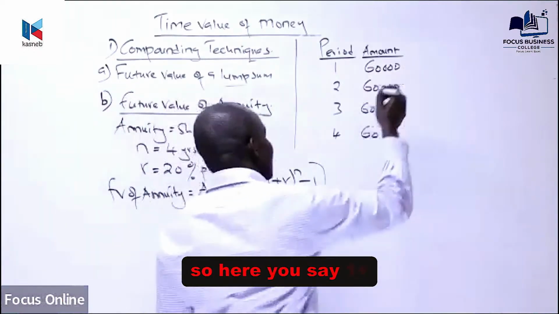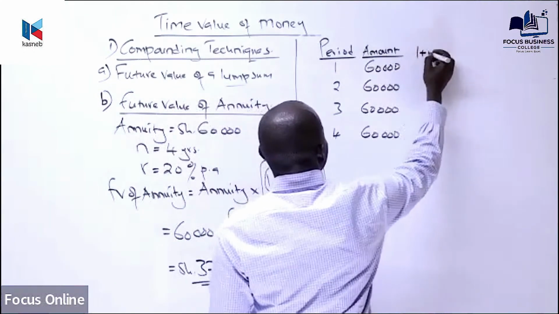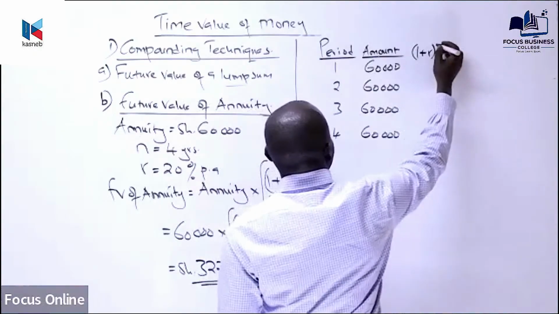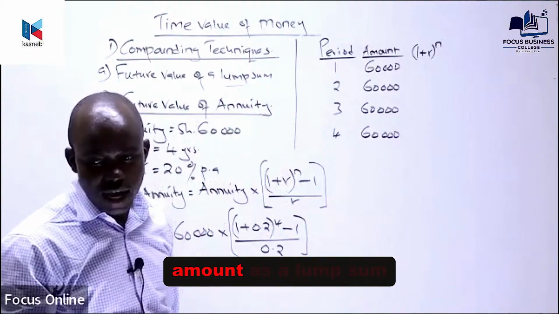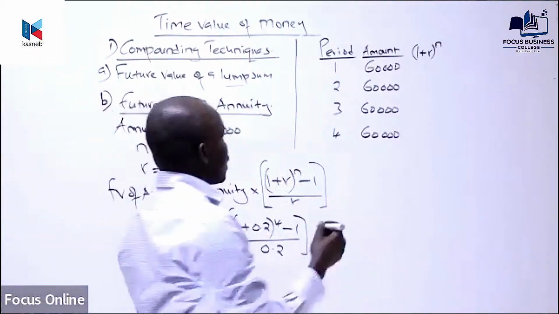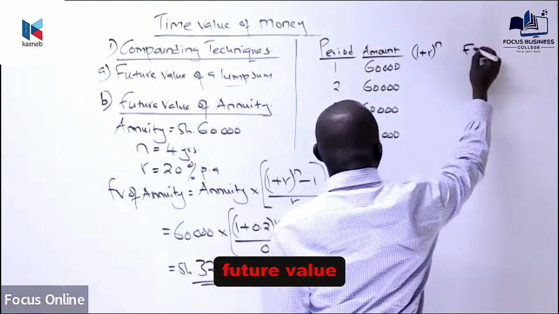So here you say 1 plus R power n. If we want to treat each amount as a lump sum, then here we will have future value.